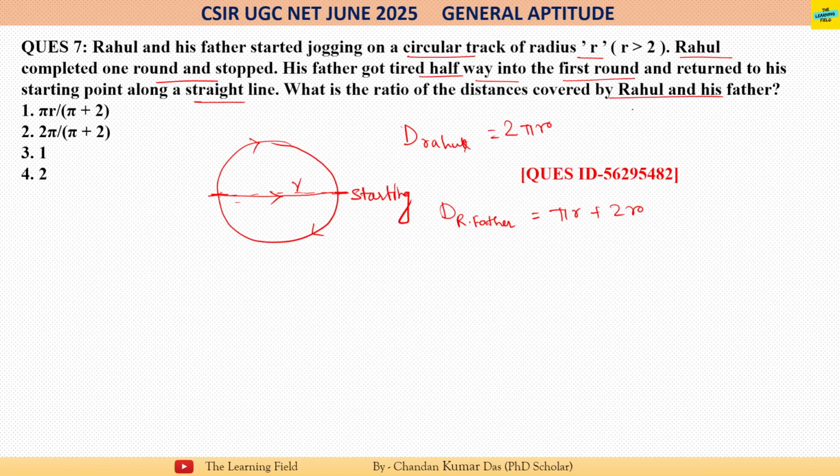We have to find the ratio of Rahul and his father. So ratio equal to 2 pi r by r into pi plus 2. That is 2 pi by pi plus 2. This is a very easy question. Option 2 is the correct answer.